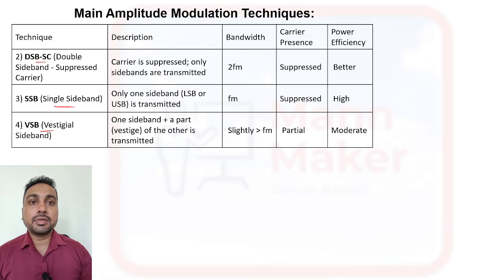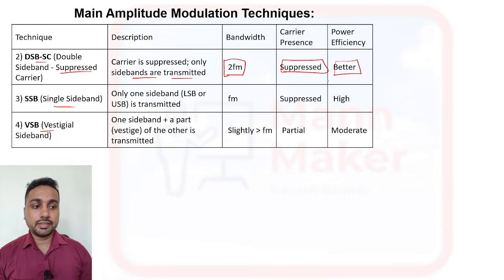Okay, in DSB-SC, as it is a suppressed carrier, the carrier will be suppressed. Only sidebands are transmitted, upper sideband and lower sideband, and the bandwidth here is also twice FM, and power efficiency is better in the DSB-SC.